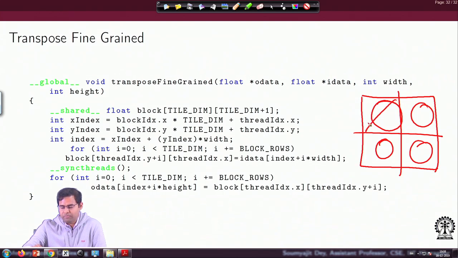You want to flip inside the tiles. So, that would mean all you do is you do not do any recomputation of the block IDs, but rather you access the data from the input, load to a tile, and then you read from the tile column wise and write to the output data without doing the intermediate flipping of blocks.